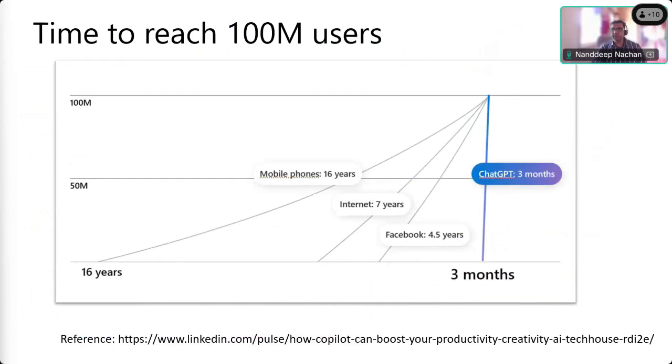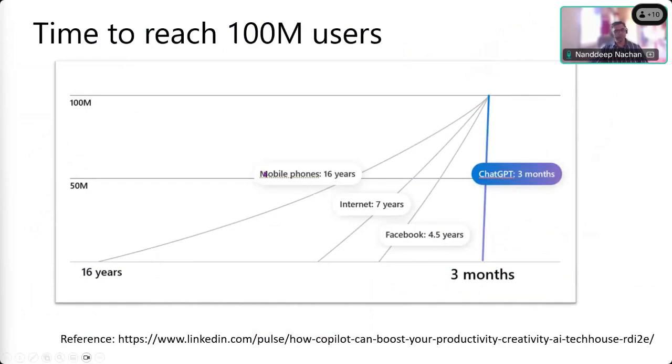To start with, I want to begin with this picture, which shows the time it took to reach 100 million users for each technology or product. Let's start with mobile phones. I am not sure for how long you have been using mobile phones, but I exist on Earth from when there were no mobile phones as well.